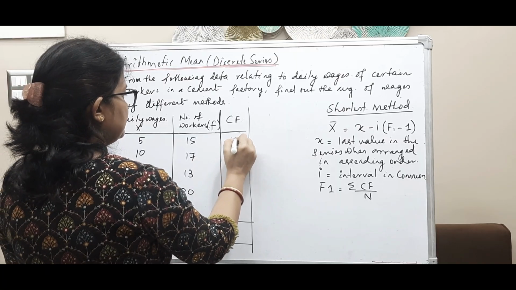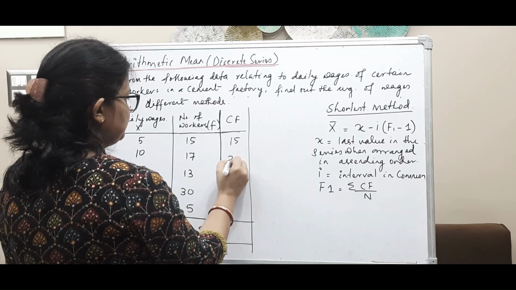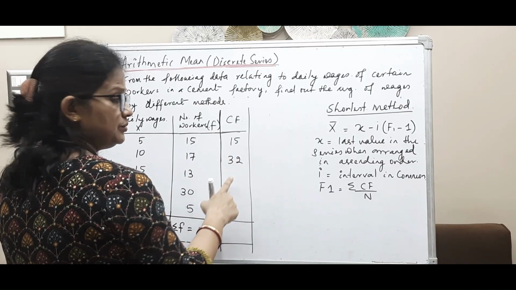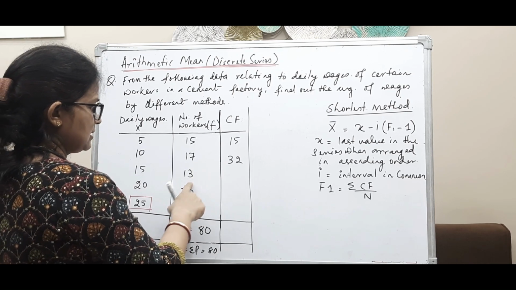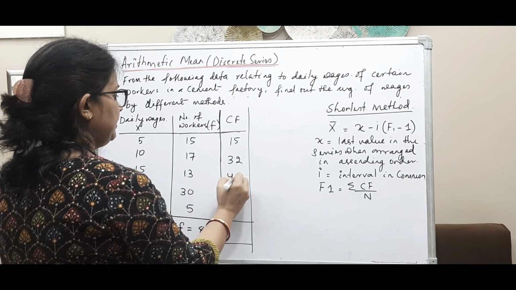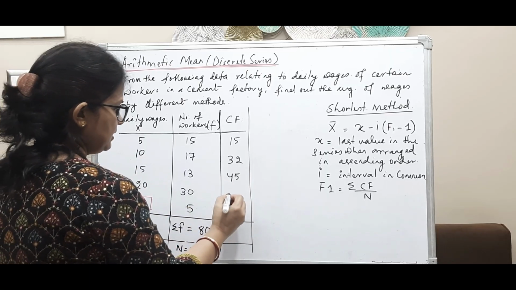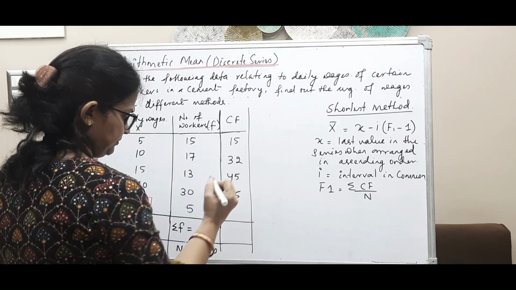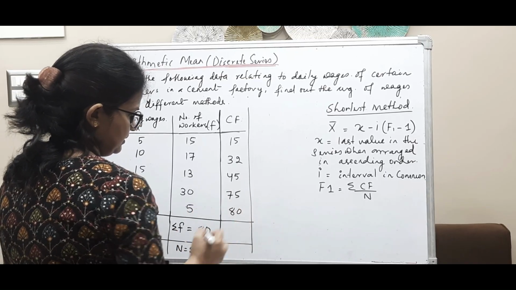This is 15. 15 plus 17 is 32. 32 plus 13 is coming 45. 45 plus 30 is coming 75. 75 plus 5 is 80.